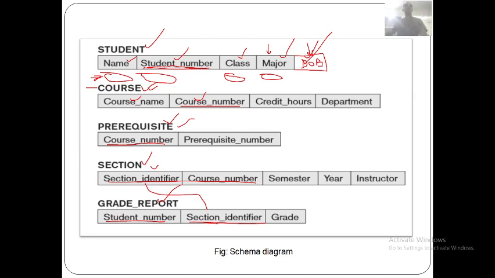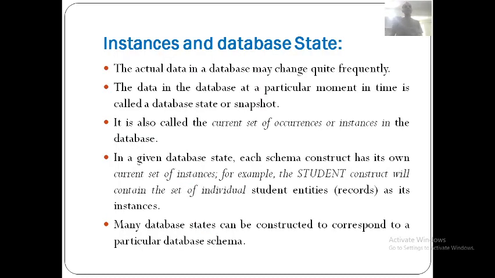If student is having 10 values, course is having 3 values, prerequisite is having 6 values, section is having 2 values, and grade report is having 20 values, these are nothing but constructs corresponding to a particular database. These are all the databases that can be constructed to correspond to a particular database schema. They are all implemented with the various schemas.